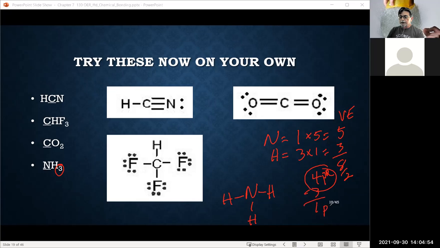So that leaves 1 pair left. Well, again, like we talked about up here, I can't add that 1 pair to any of those hydrogens because the duet has been fulfilled for each and every one of those hydrogens. So the only place I can put that 1 pair left is directly on the nitrogen. I'm just going to put 2 dots here to show you that.